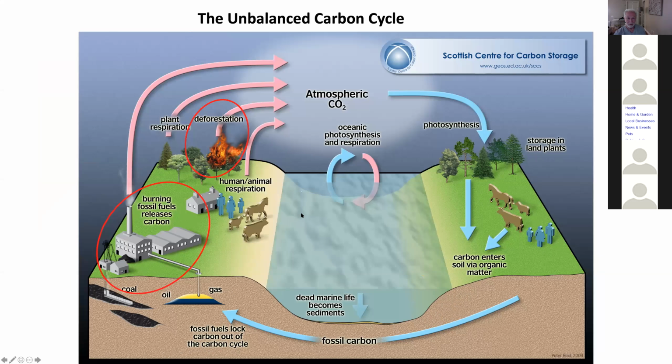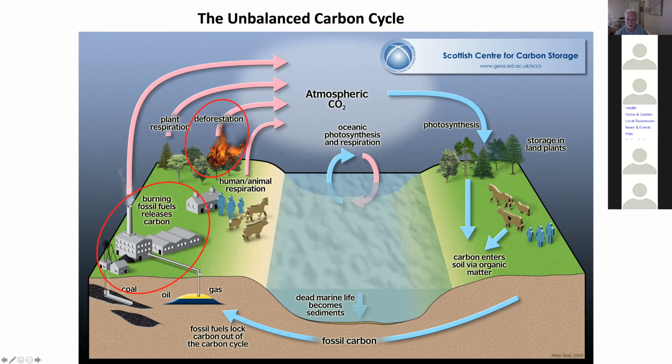This is both the carbon cycle and the unbalanced carbon cycle. So normally, without human disturbance, if you look on the right, green plants undergo photosynthesis, and when they do that, they fix carbon. They take it out of the atmosphere.